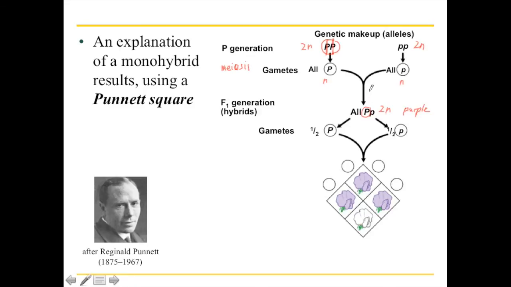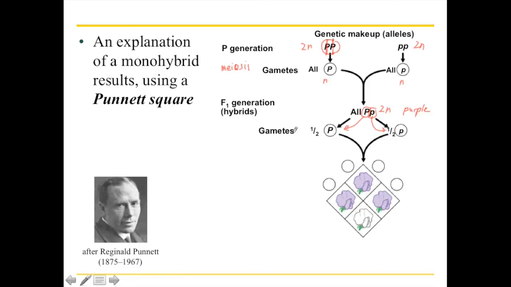You can either produce the capital P, if that one goes into the gamete, or if this one goes into the gamete, you can produce the little p. And because neither one of these is better than the other, it's just 50-50. Depends on who just happens to go into the egg or the sperm. It's that game of chance that we talked about.